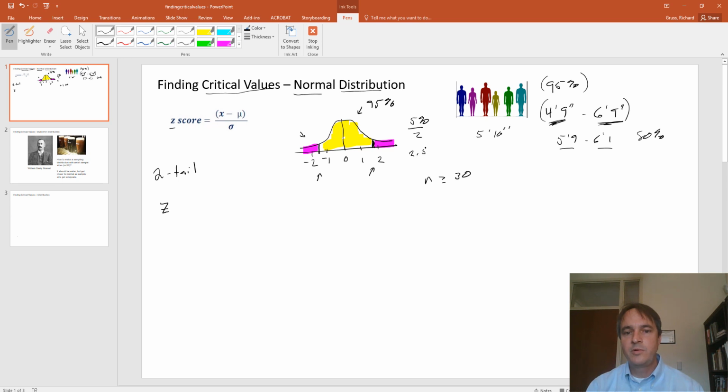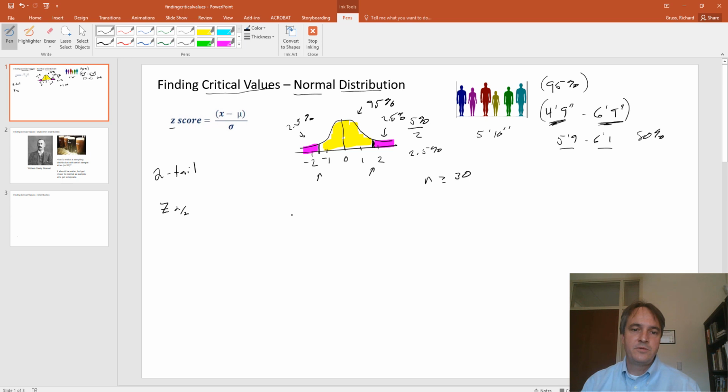So we would have 2.5% of people in each of these tails. So the subscript on this Z is going to be something called alpha over 2.